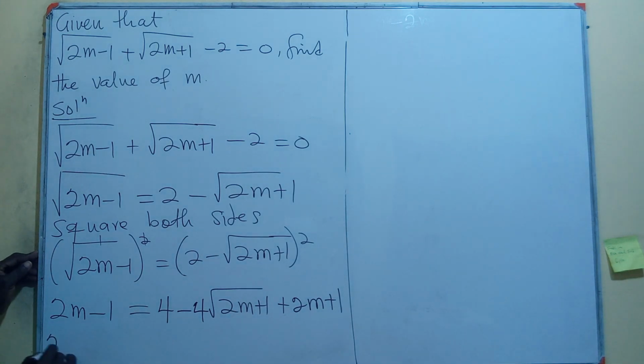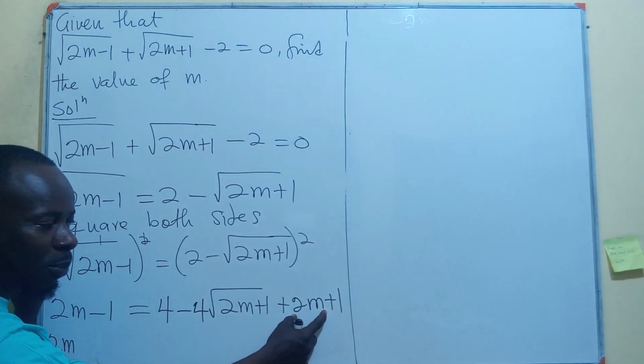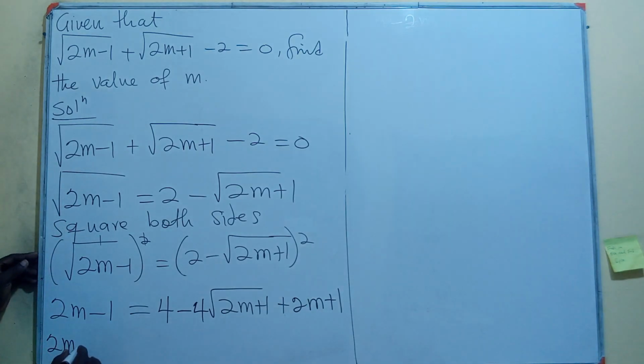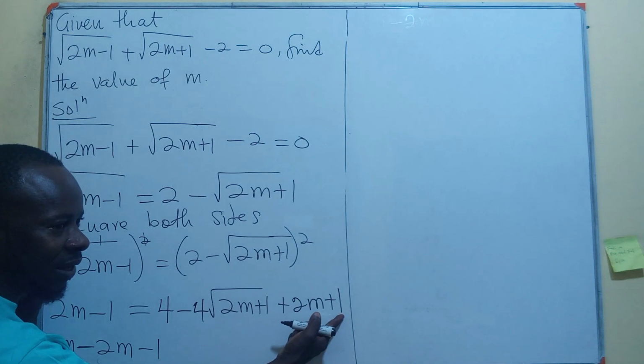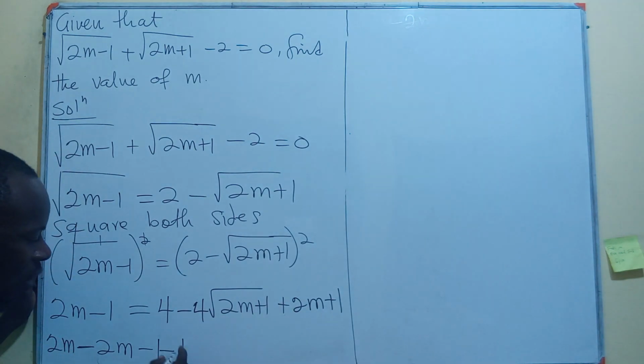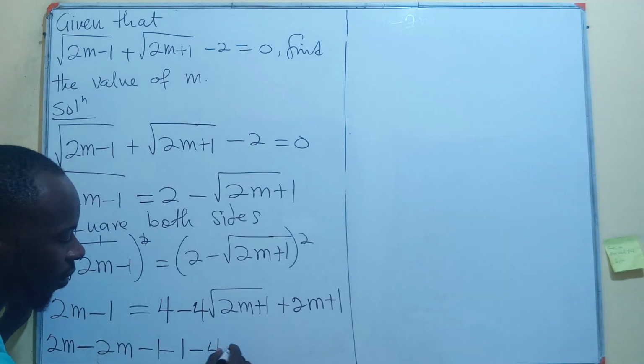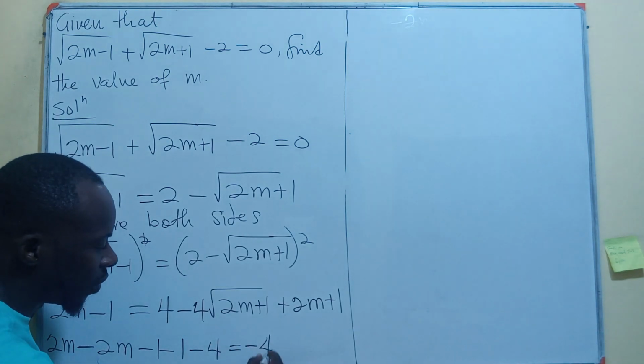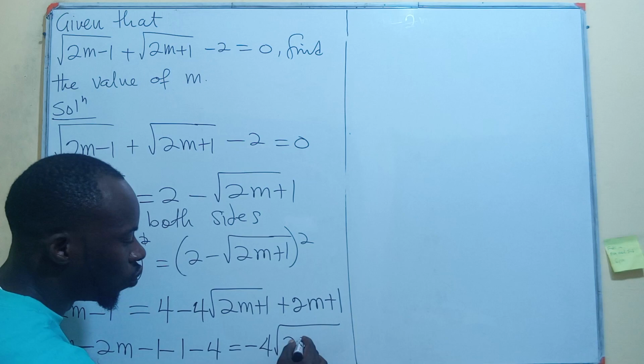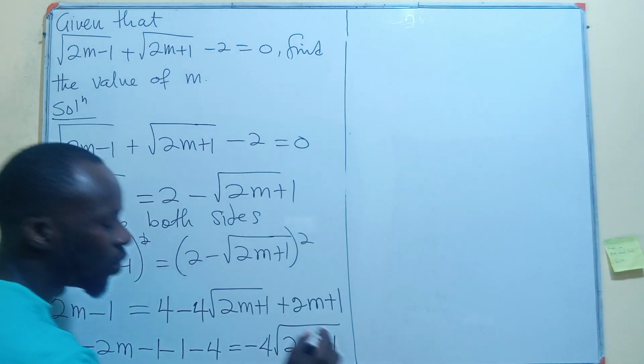So meaning your 2m minus 1, let me just maintain this. I'm bringing the positive 2m here, it becomes minus 2m. Already I have a minus 1, let me maintain that. This guy is positive, becoming minus 1. This is positive, becoming minus 4, equals negative 4 the root of 2m plus 1.